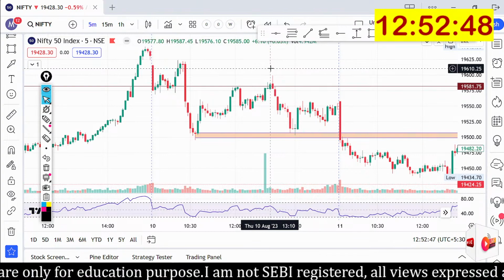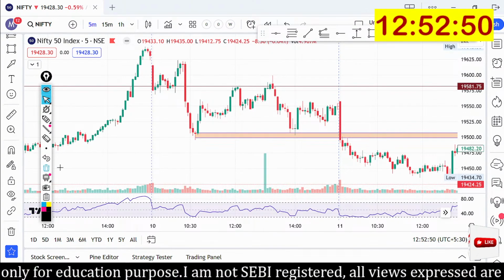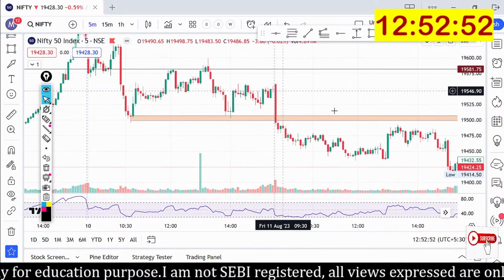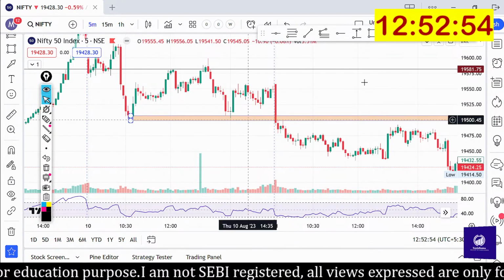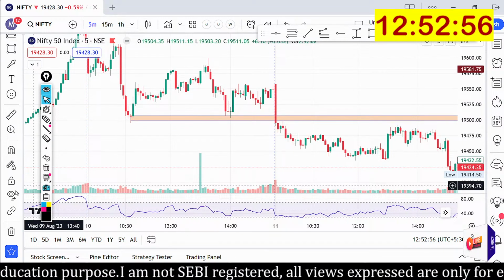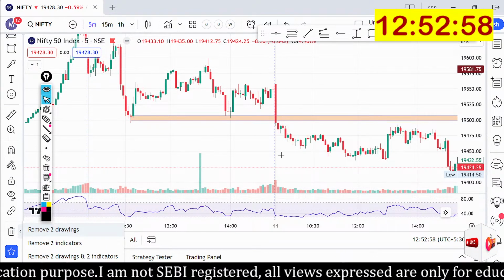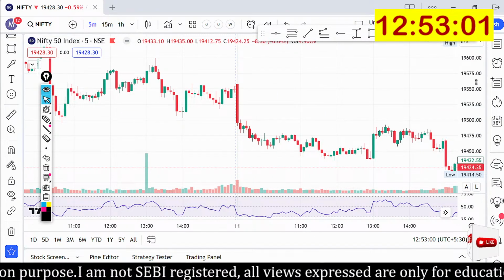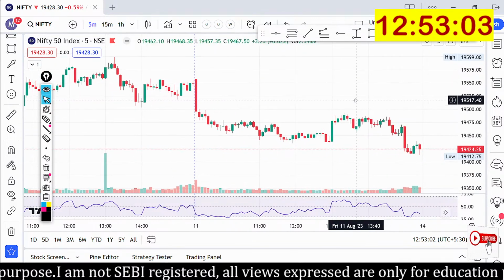So this is how we generally need to analyze on an intraday basis, right? What support and resistances we have, what kind of things we have, and for that day what kind of move. Now look at the magic here.